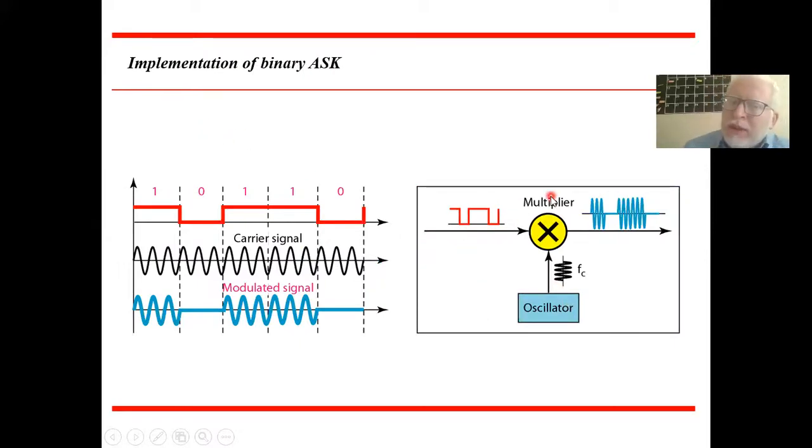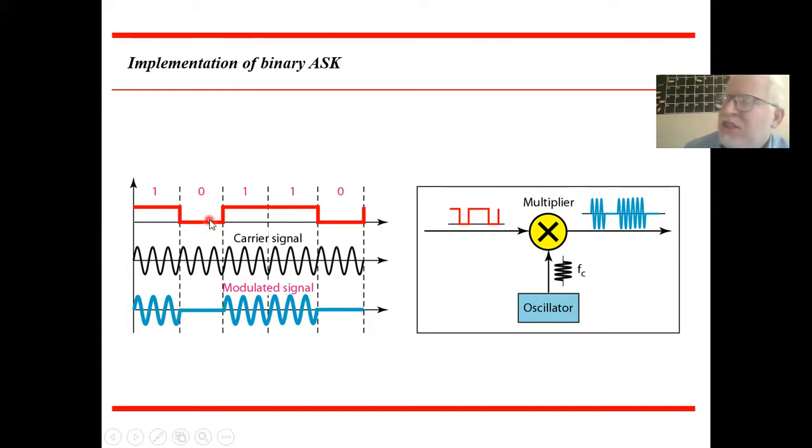So we are going to do the same process here, but with a message in a digital format. By multiplying the digital message with an analog carrier, as you can see here, you will get a modulated signal in the form of 2 cases. Either you have a carrier, as you can see, or you get 0.